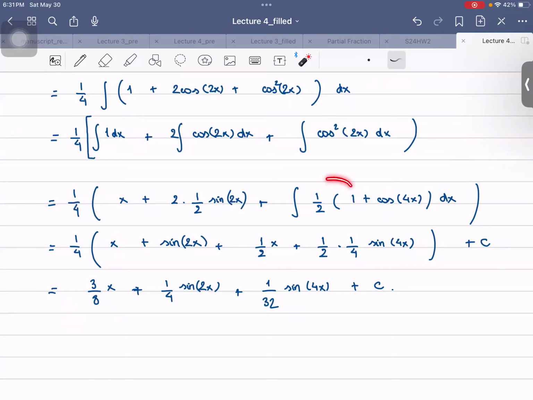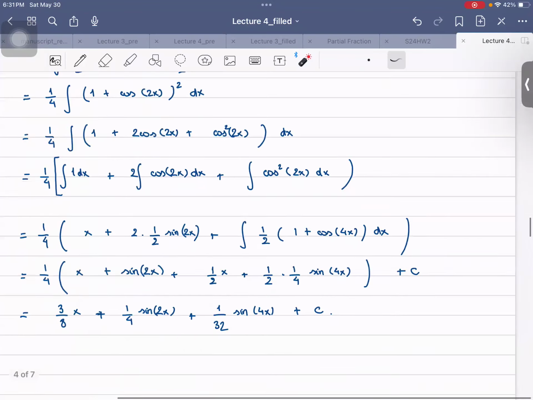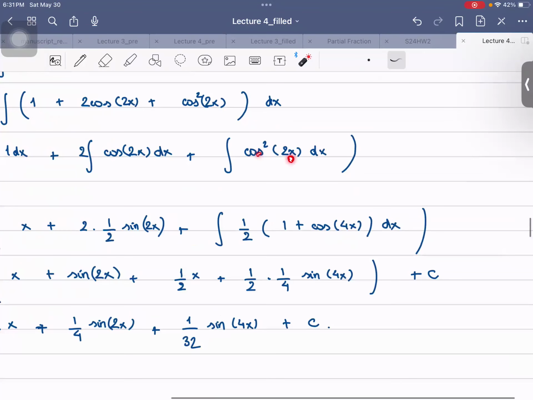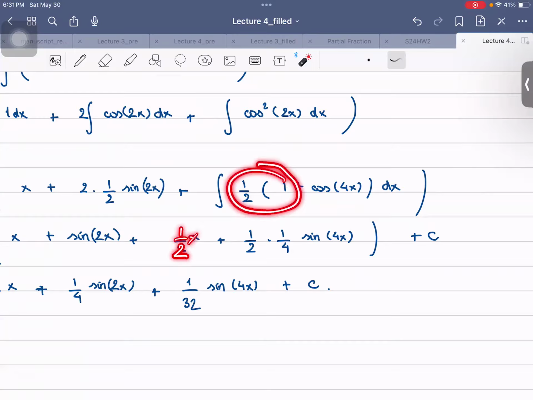And up here, you have 1/2 times 1 plus cosine 4x because of the double angle. This is cosine square of 2x. So when you reduce the power, you have to double the angle, and doubling the angle of 2x gives you 4x. The integral of 1/2 gives you 1/2 x.